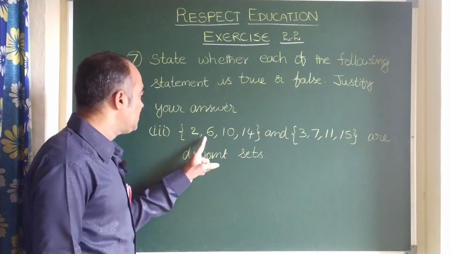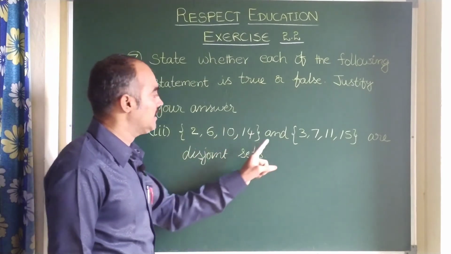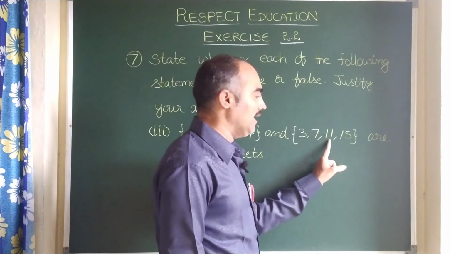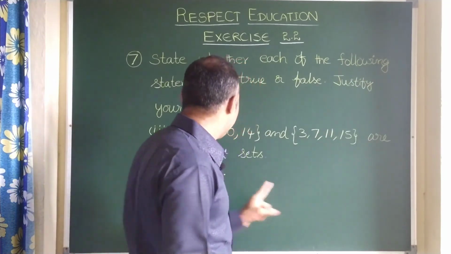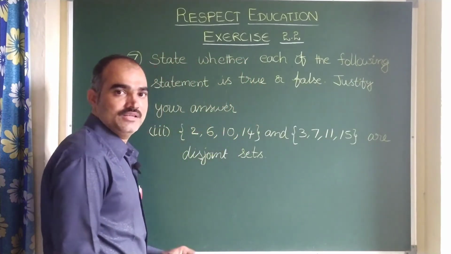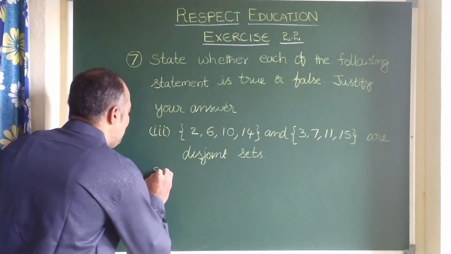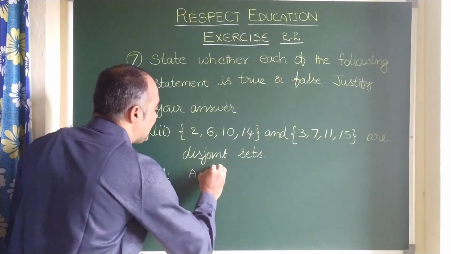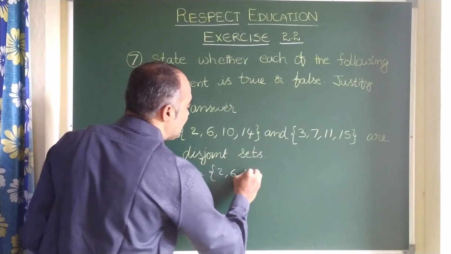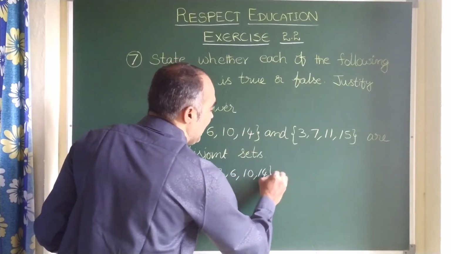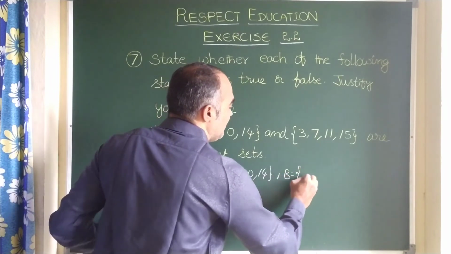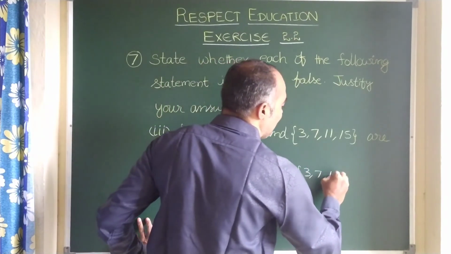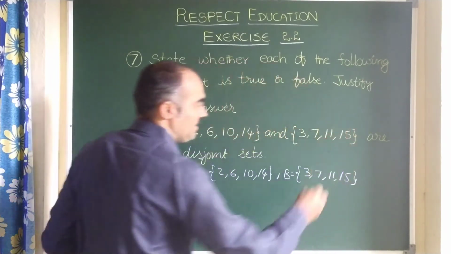Set of 2, 6, 10, 14 and set of 3, 7, 11, 15 are disjoint sets. So let us verify whether it is true or not. So let's take the first set as A, 2, 6, 10, 14 and the second set as B, that is 3, 7, 11 and 15.